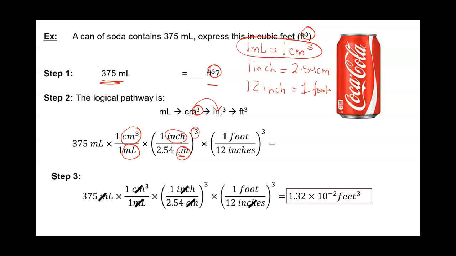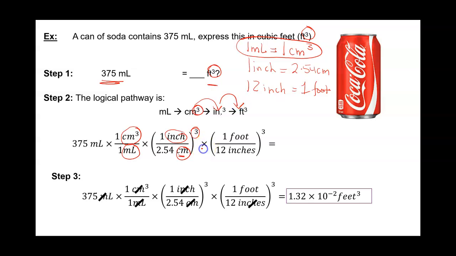If I don't cube my conversion factor, I will be incorrect. So I've got my units in place, and then I know that for every 1 inch, that is equivalent to 2.54 centimeters. So now I want to go from inch cubed to feet cubed.